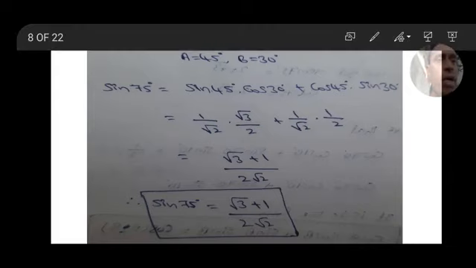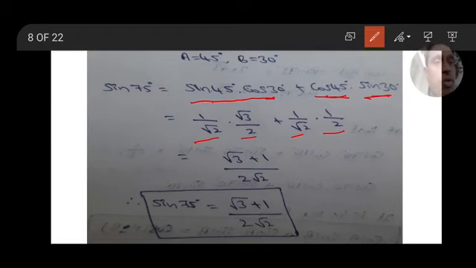Substituting in this formula, a equal to 45, b equal to 30, sin 75 equals sin a cos b, that is sin 45 into cos 30, plus cos a sin b, that is cos 45 into sin 30. So substitute the values: sin 45 is 1 by root 2, cos 30 is root 3 by 2, cos 45 is 1 by root 2, sin 30 is 1 by 2.